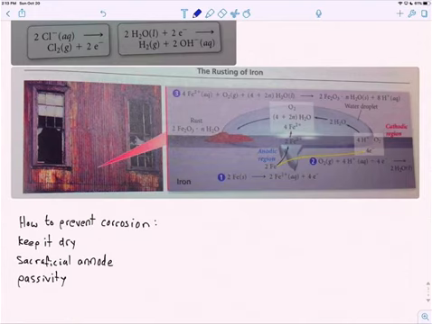The last part is passivity, and some metals do this naturally. So I mentioned aluminum and titanium; they naturally passivate in the presence of oxygen and form a really thick oxide layer. That's passivity. If you throw iron into nitric acid, it'll bubble up.